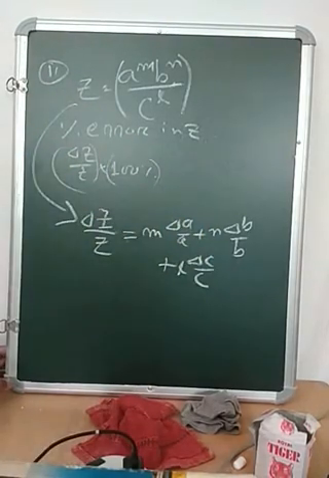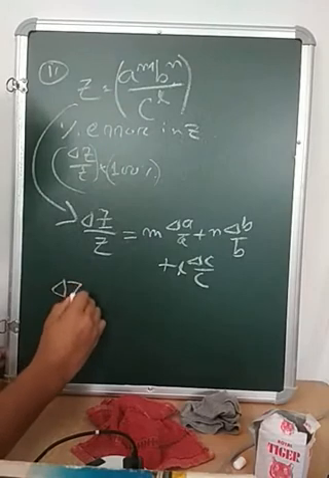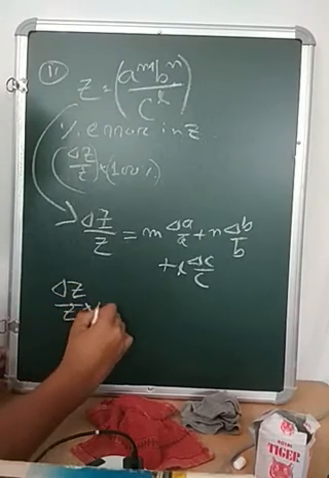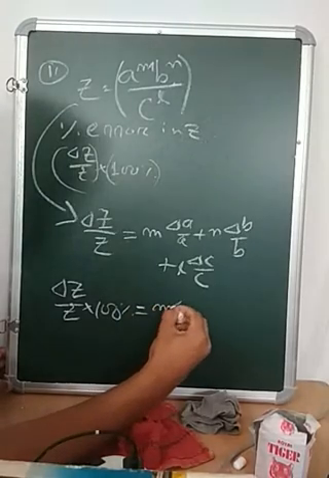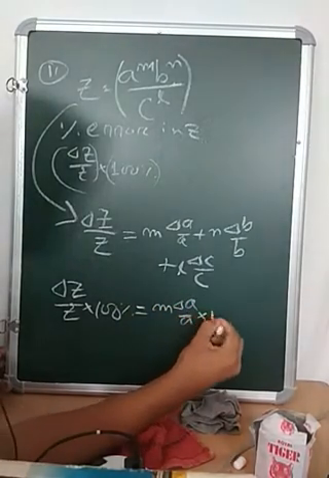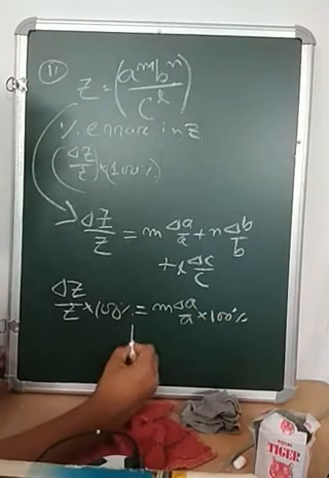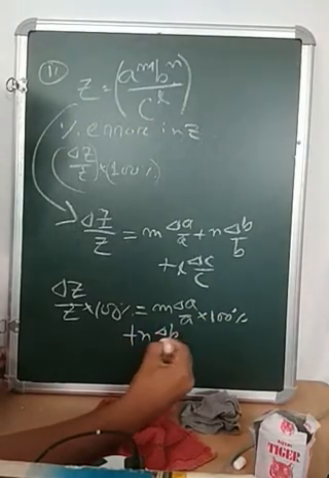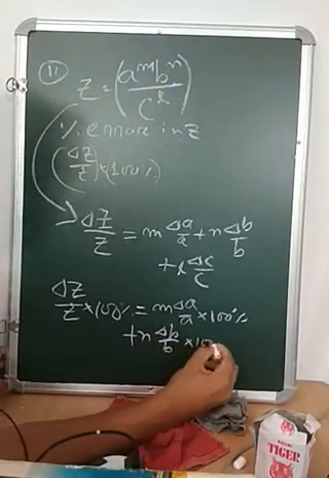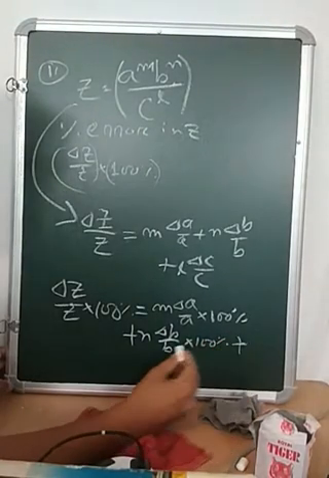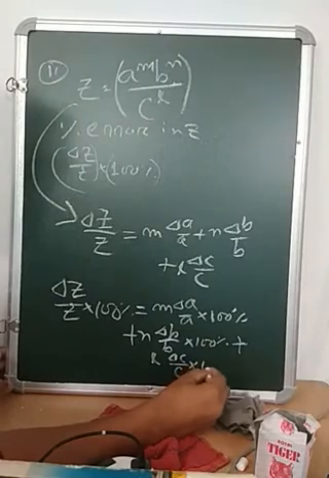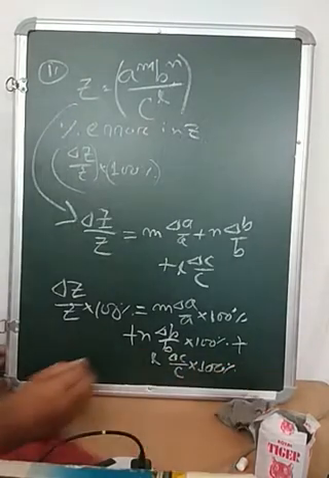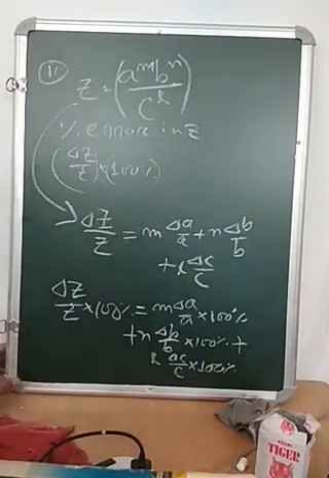When we go for percentage error, we simply multiply by 100%: delta z by z into 100% equals l delta a by a into 100% plus m delta b by b into 100% plus n delta c by c into 100%. Simply you have to write this.